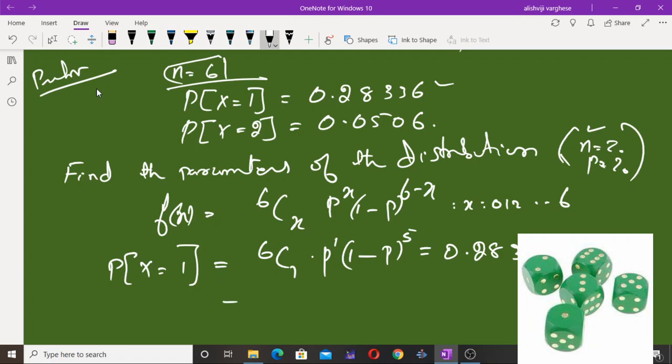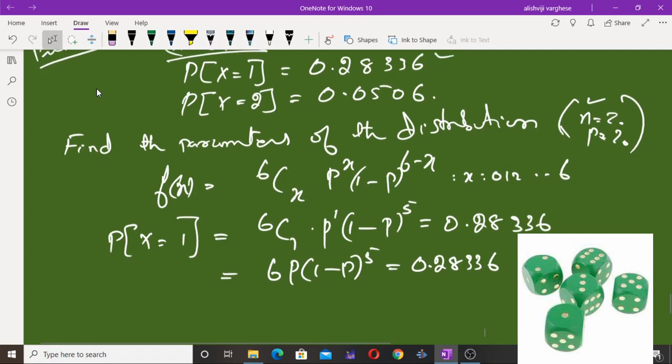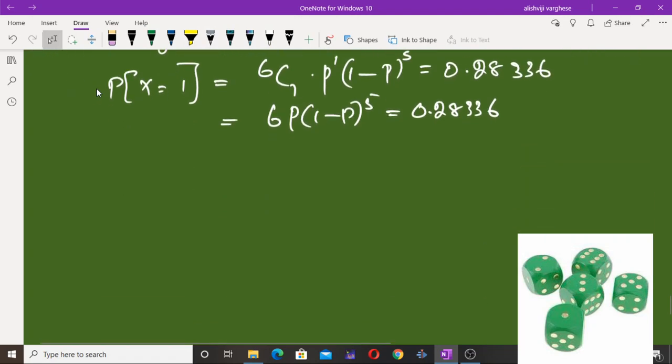So 6C1 is nothing but 6, so it is 6p into 1 minus p raised to 5 is equal to 0.28336. So it's a fifth or sixth degree equation in p, and solving that equation is not so simple. Anyhow, we have one more piece of information.